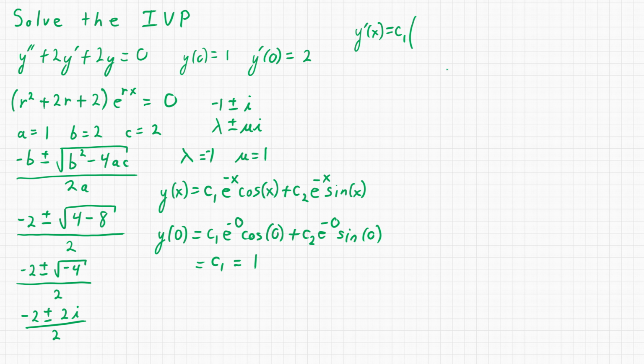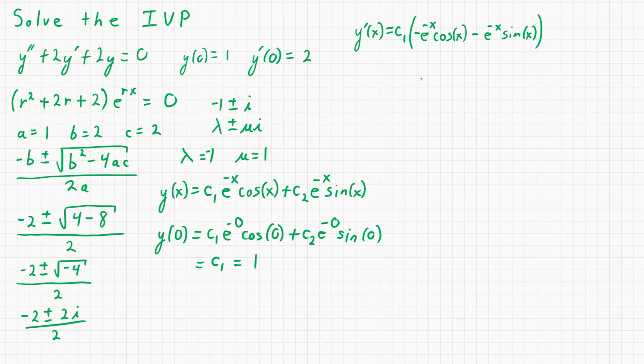So I'll do the e to the negative x first. That's negative e to the negative x, right? The negative x pops down, becomes a negative 1 when you take the derivative, times cosine of x. Then I have the other half of the product rule, which is the non-derivative of e to the negative x and the derivative of cosine. The derivative of cosine is negative sine, so we're going to end up with another minus e to the negative x sine x.